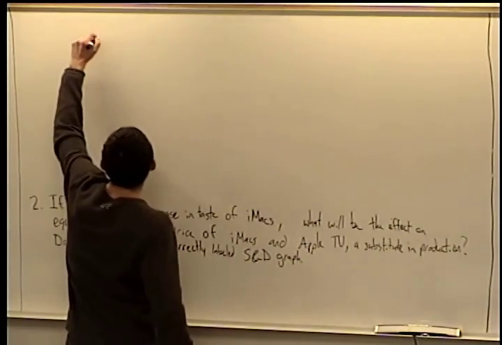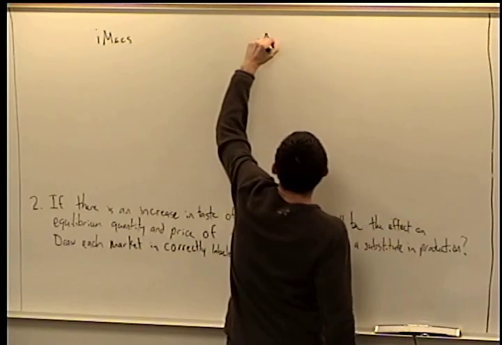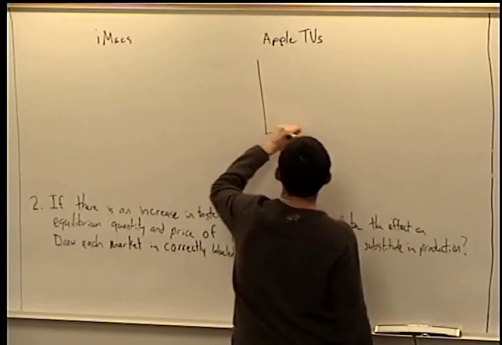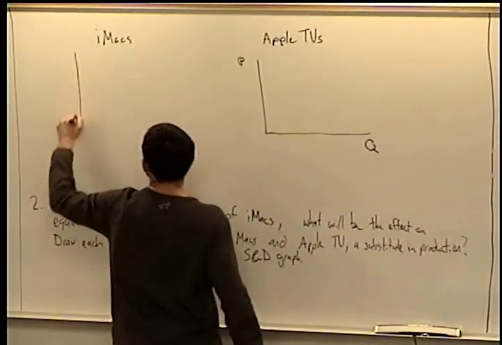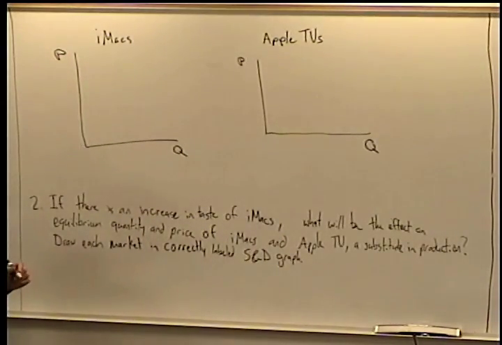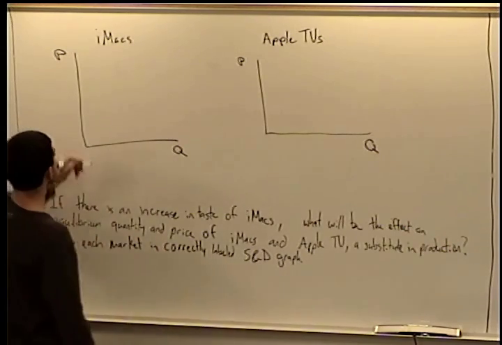So we're going to have two markets, iMacs and Apple TV. And we have quantity and price, and quantity and price. So step 1 is always graph an initial equilibrium.